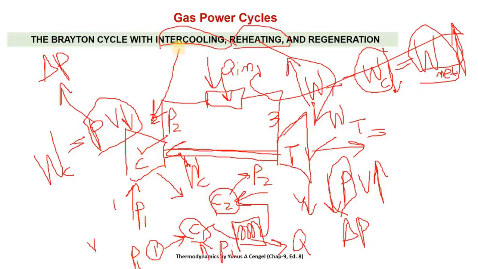So that is called intercooling. So instead of one single compressor, we can use two compressors with intercooling in between. The overall effect is the reduction in the specific volume.